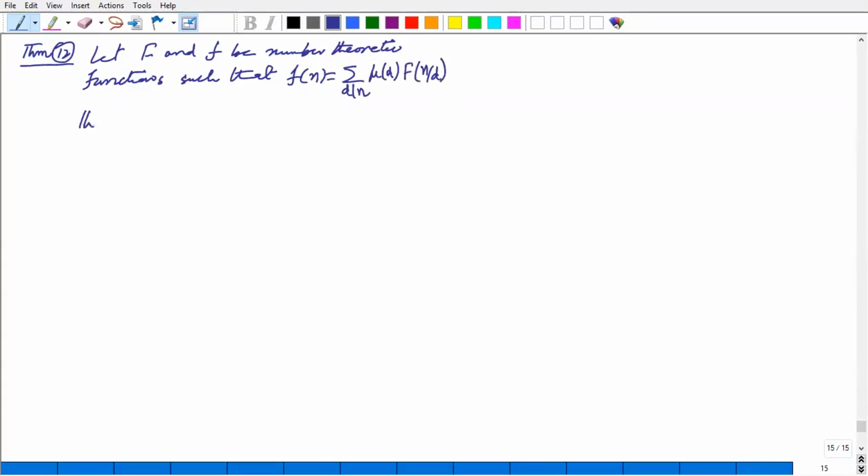Then we have to prove that capital F n equals the sum over the positive divisors of n of f of d.